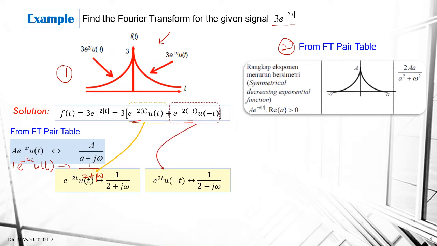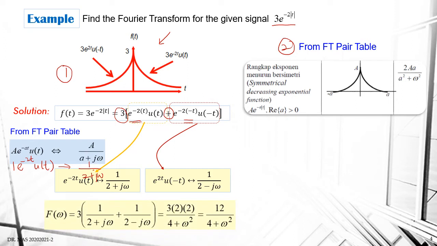Next, solve the complete operation in which you have multiplication in the amplitude by 3 and both signals being added up. So your F(omega) equals 3, this is the one on the left and one on the right, being added up. Then simplify this equation.